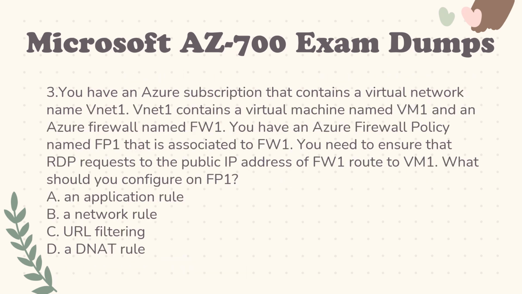3. You have an Azure subscription that contains a virtual network named VNet1. VNet1 contains a virtual machine named VM1 and an Azure firewall named FW1. You have an Azure firewall policy named FP1 that is associated to FW1. You need to ensure that RDP requests to the public IP address of FW1 route to VM1.